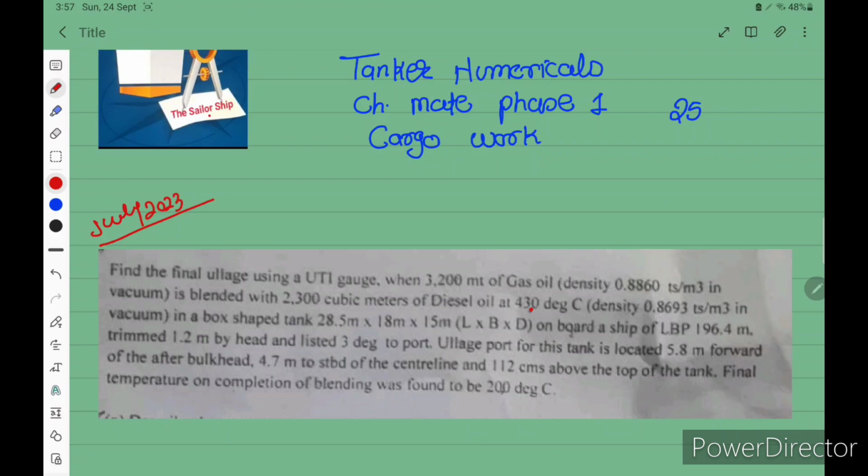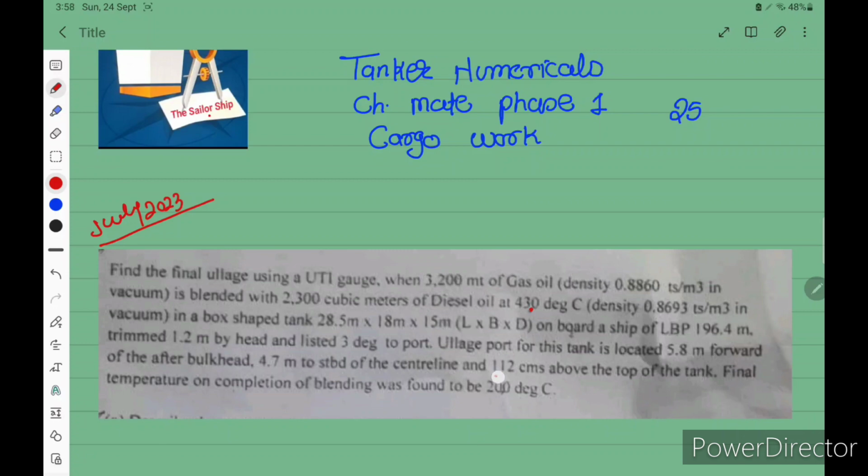The trim is 1.2 meter by head and listed 3 degree to port. The ullage port for this tank is located 5 meter forward of the aft bulkhead, 4.7 meter to starboard of the center line, and 112 centimeters above the top of the tank.